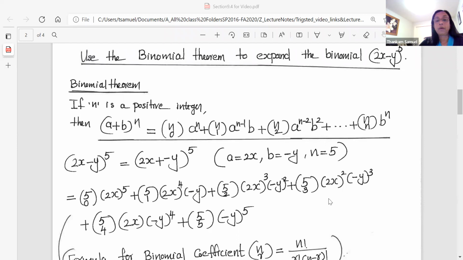And you can see in all these terms, the sum of the powers on 2x and negative y is always equal to 5.